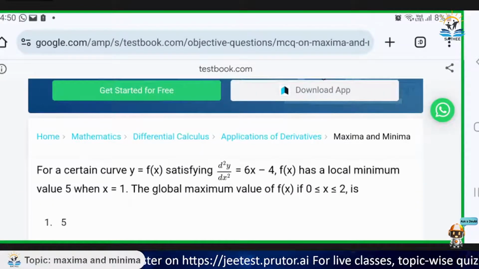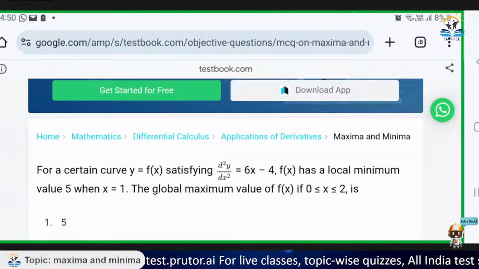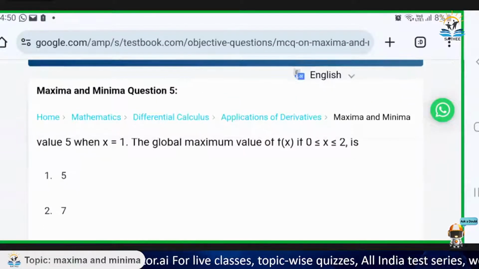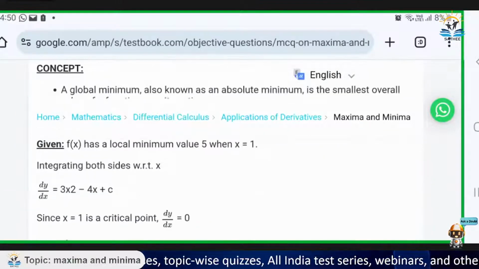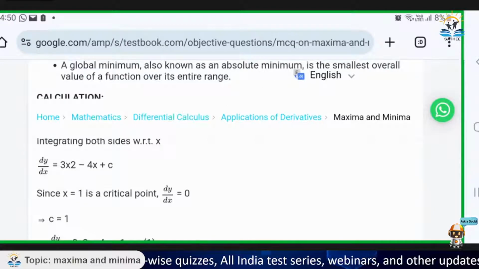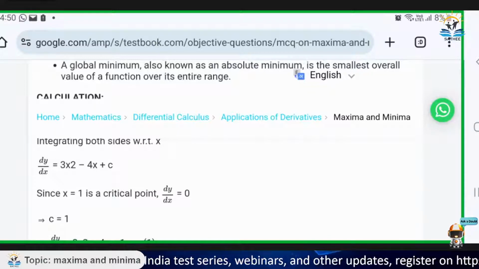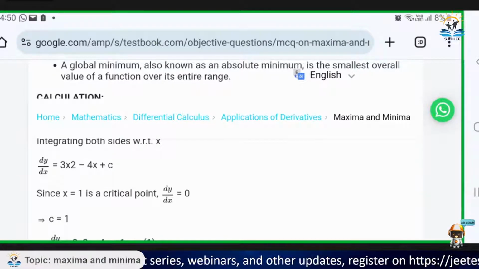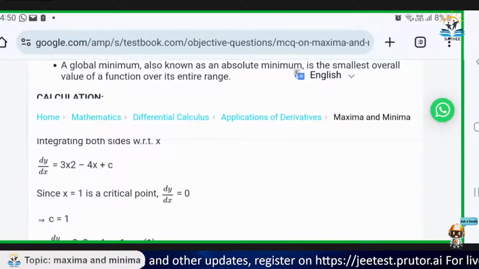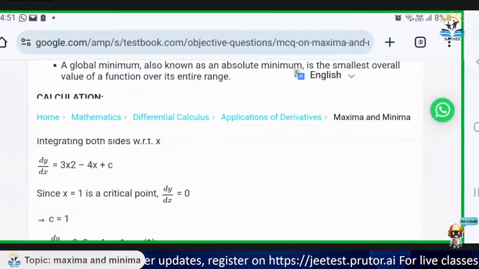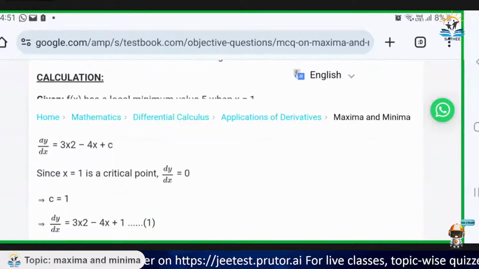Now f dash x is 0 for x equal to 1, because it is given that this function has a local minimum at x equal to 1. By solving, 3x square minus 4x plus c equal to 0, and substituting x equal to 1, we get c equal to 1.